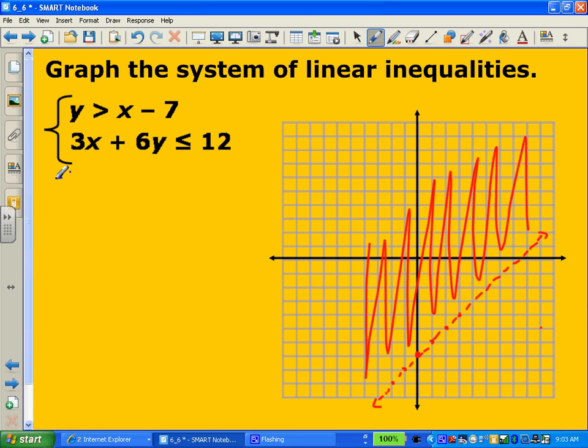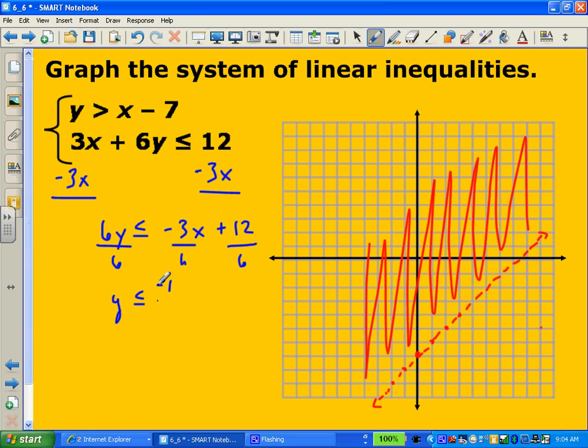Okay, now let's solve this other one here for y. So I'm going to have to subtract the 3x. So I get 6y is less than or equal to negative 3x plus 12. And I'm going to divide by 6. So I get y is less than or equal to, this is going to be negative 1/2 when I reduce it, plus 2.